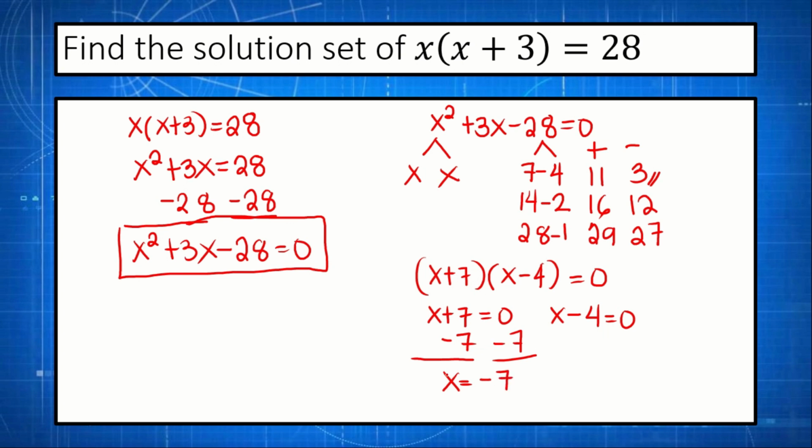We have negative 7. And the next one, we add both sides of the equation by positive 4. So this is now x is equal to 0 plus 4, that is 4. So these are now the roots of the quadratic equation x squared plus 3x minus 28 is equal to 0.